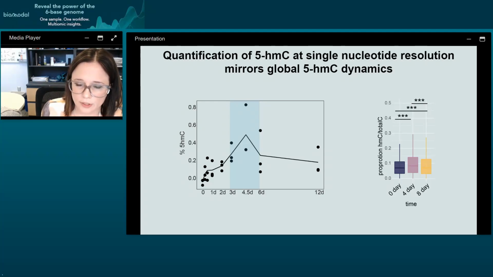And we were able to validate this global change in hydroxymethylation when we look specifically at hydroxymethylation. On the right-hand side, I'm showing you the distribution of hydroxymethylation levels at each of these different time points, where we can see a change that happens at 4 days, representing the most hydroxymethylation that we can observe over these 3 different time points.